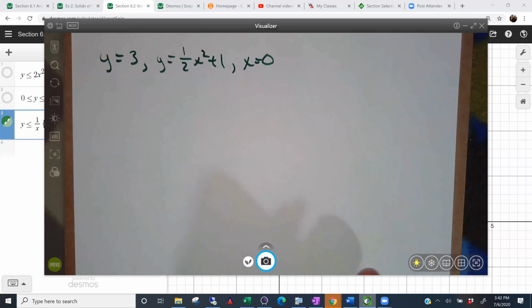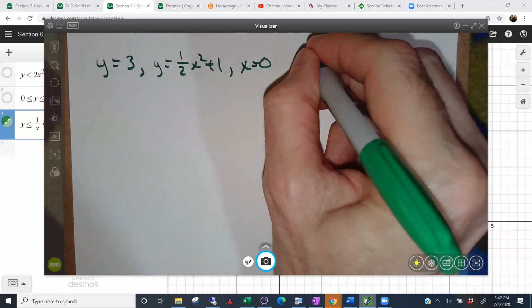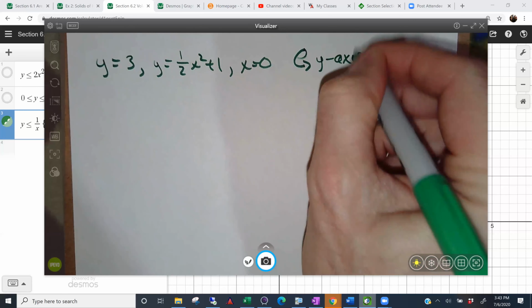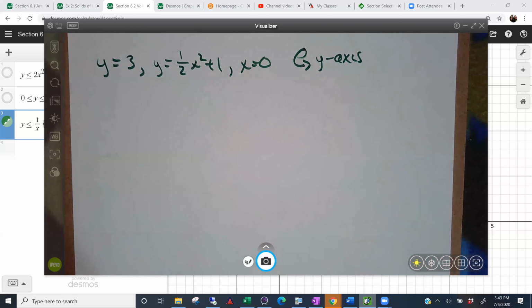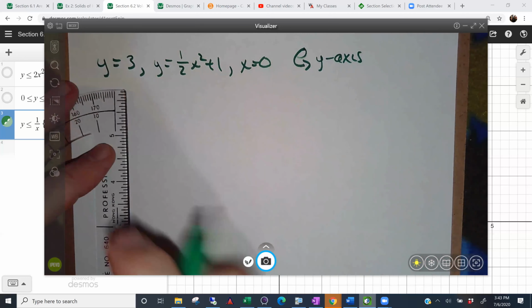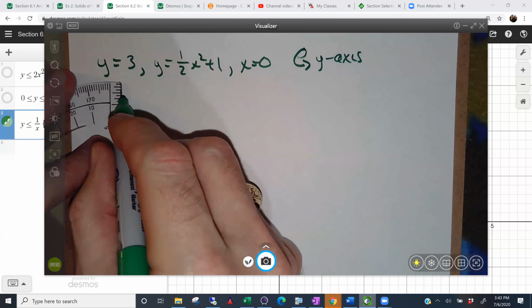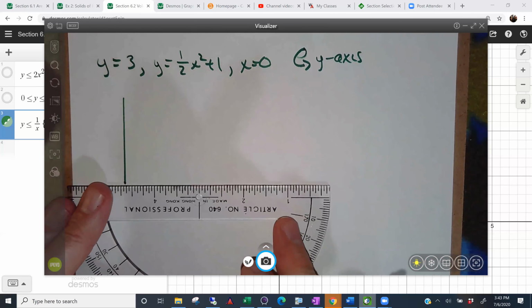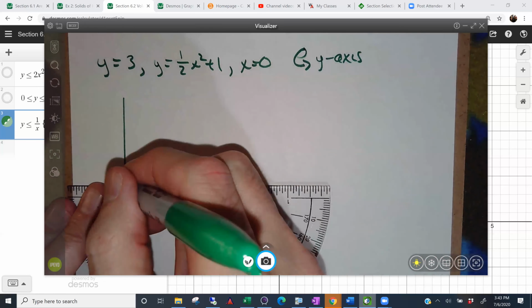And we're going to rotate that around the y-axis. On the test, it's quite likely I could ask you to do one like this and set it up in 2 different ways: set it up by shells, set it up by washer, and then evaluate it whichever way you find most convenient. But right now, we're going to practice the shell method. So we'll do it that way.